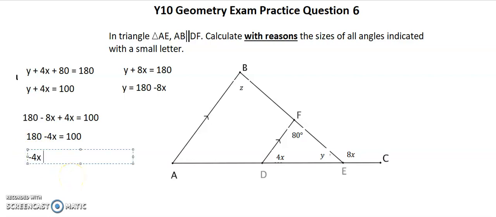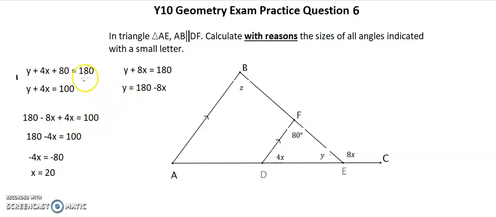That leaves me with negative 4x on one side, and 100 take away 180 is negative 80. The final step is I want to get x by itself, so I need to divide both sides by negative 4. That results in x being by itself, and negative 80 divided by negative 4 is equal to 20. So now I've found what x is equal to.